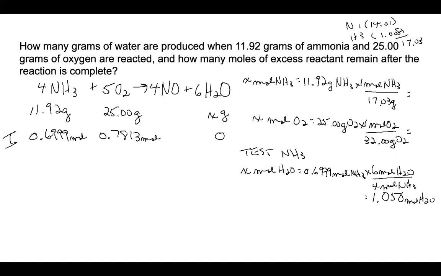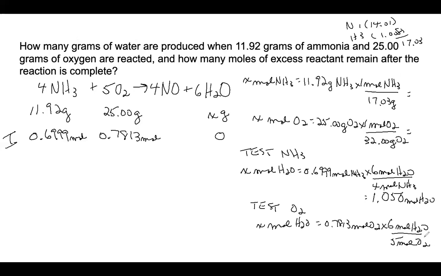That is the amount we would get if we used up all of the ammonia. But as of now, we don't know if we're going to use up all the ammonia. So now we're going to test the O2. So X moles of H2O equals 0.7813 moles of O2 times a mole ratio, 6 moles of H2O for every 5 moles of O2.